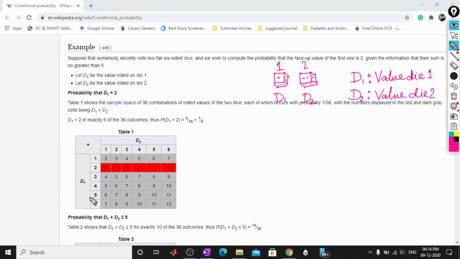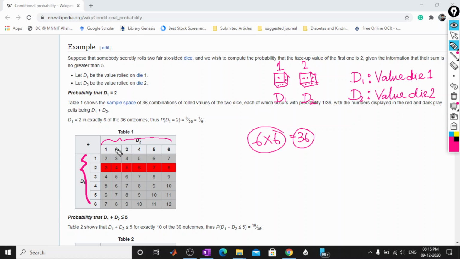Similarly for die 2, six kinds of values occur. If we take the pair of values, 6 into 6, that is a total of 36 pairs of values. I think this is clear.